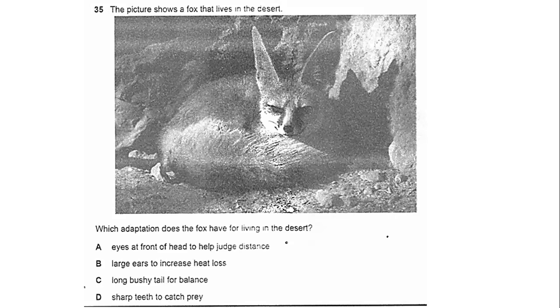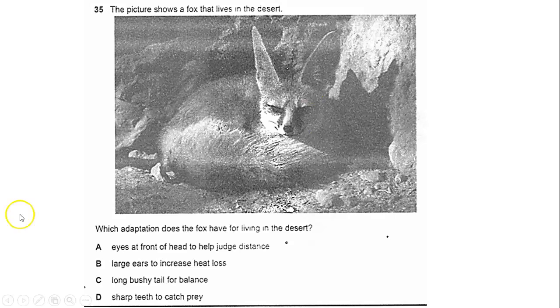Let's take a look at the first question here. The picture shows a fox that lives in the desert. So first, when you look at such a question, you will look at the environment and what the challenges are. So here the challenges of the desert are, first, the scarcity of water, second, the very hot temperature during the day and cool temperature during the night.